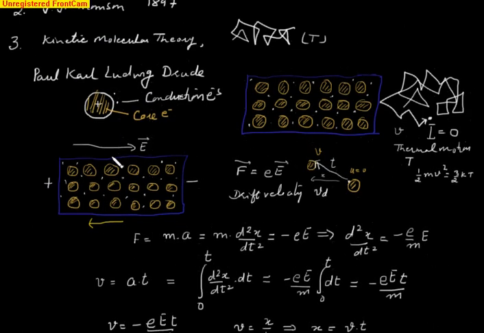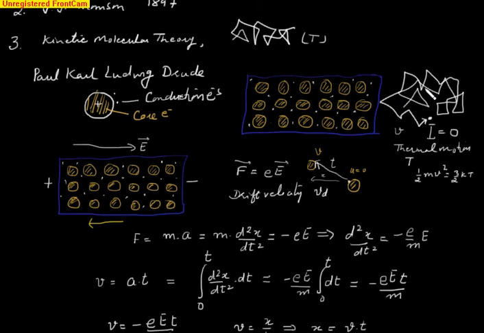Now as we know that before applying this electric field, all the free electrons were moving under the thermal effect, and that means motion was thermal motion, which can be determined by this relation, and all these electrons are in random motion and do not constitute any current.